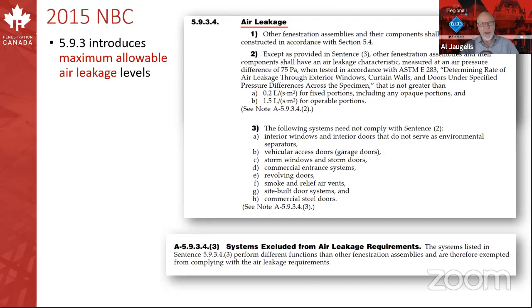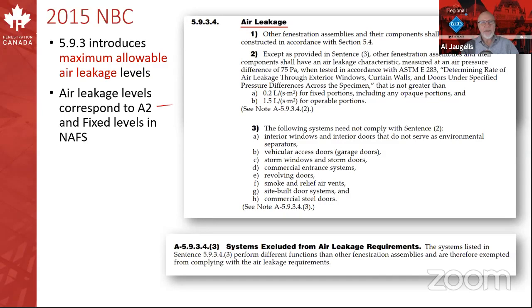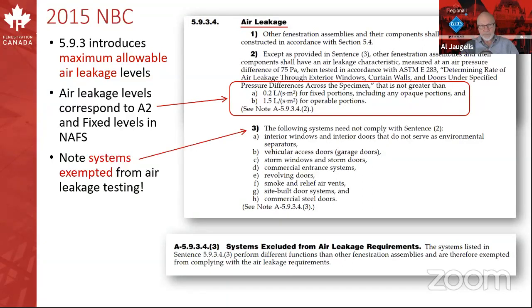So the code now actually has defined a maximum level of air leakage for all these other fenestration products. If the products are non-operable, the level corresponds to the fixed level in NAFS. And for the operable products, the leakage level corresponds to the A2 level in NAFS.